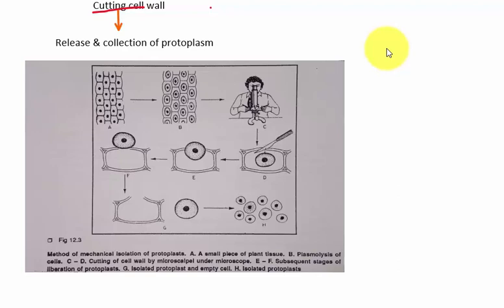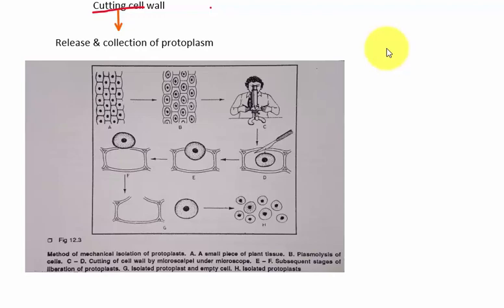Mannitol is an alcoholic sugar that is easily transported across the plasmodesmata, and it provides a stable osmotic environment for the protoplast and prevents the usual expansion and bursting of the protoplast even after the loss of the cell wall. Once the cell is stabilized in this manner by plasmolysis, the protoplasts are released from the containing cell wall either mechanically or enzymatically.